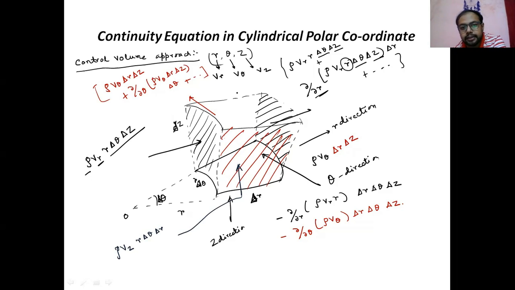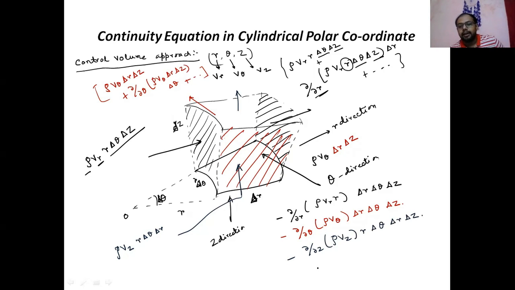Same way, the same integration will come, this part into dz. So minus d/dz of rho vz, r del theta del r. The variation is along z. So this is the total part, M in minus M out.